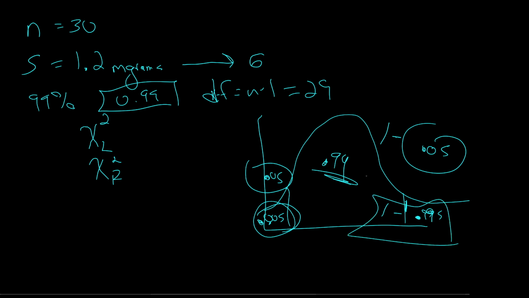Always remember, because these are always two-tailed, we always need the half value. So a 99% confidence will always give you 0.995 as your confidence value.